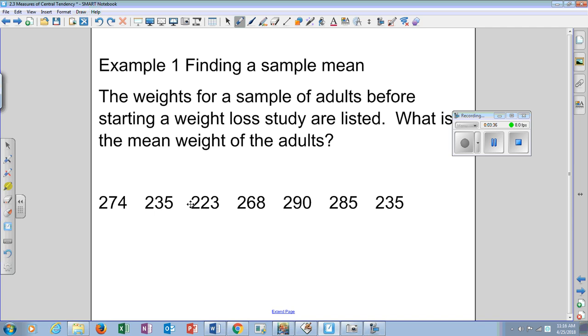Then you divide by the number of numbers. So this sample has 7, so you divide by 7, and you get a mean weight of 258.6. So X bar equals 258.6. Now it's adding everything up and dividing by the number of numbers. Pretty easy.